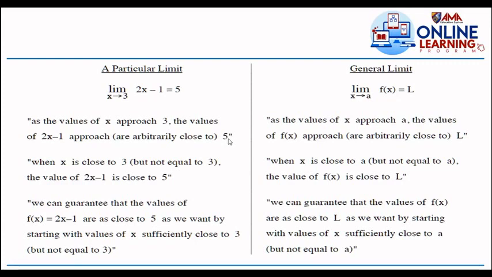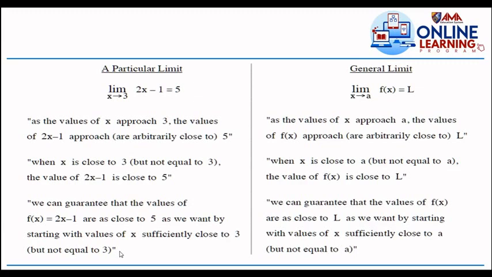When x is close to 3 but not equal to 3, the value of 2x minus 1 is close to 5. So we can guarantee that the values of the function f(x) = 2x minus 1 are as close to 5 as we want by starting with values of x sufficiently close to 3 but not equal to 3. Okay?